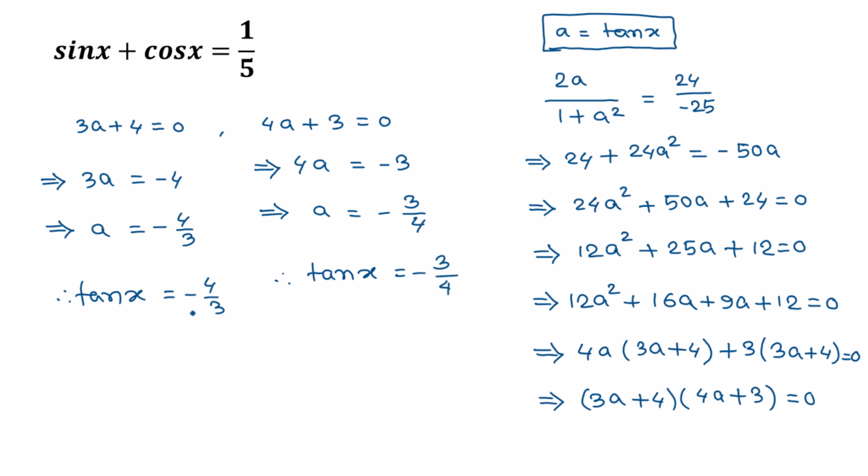So the value of tan x is equal to negative 4 over 3, or negative 3 over 4. And this is the solution of our given problem.